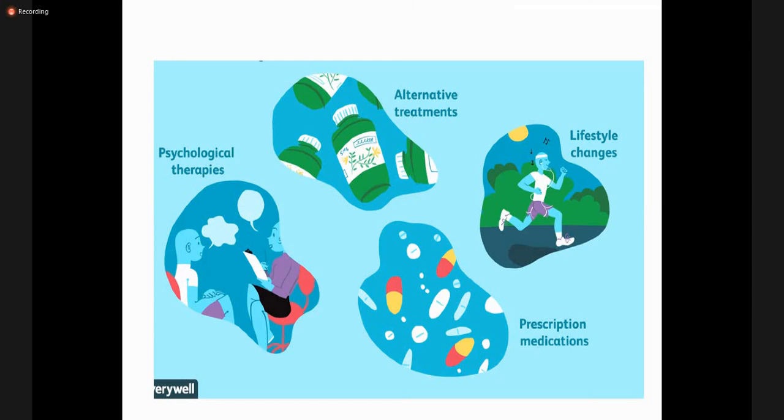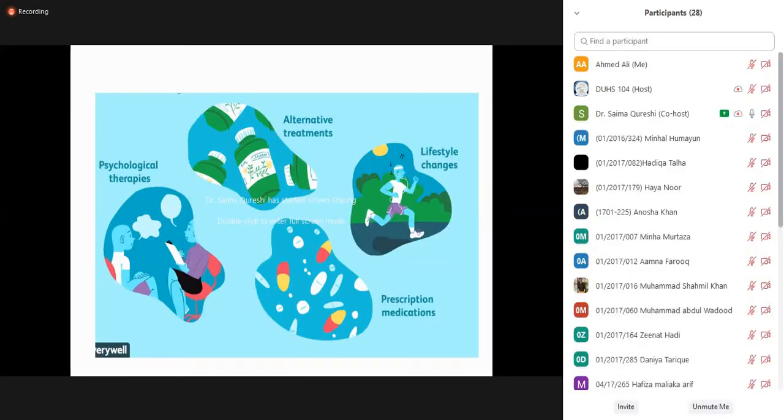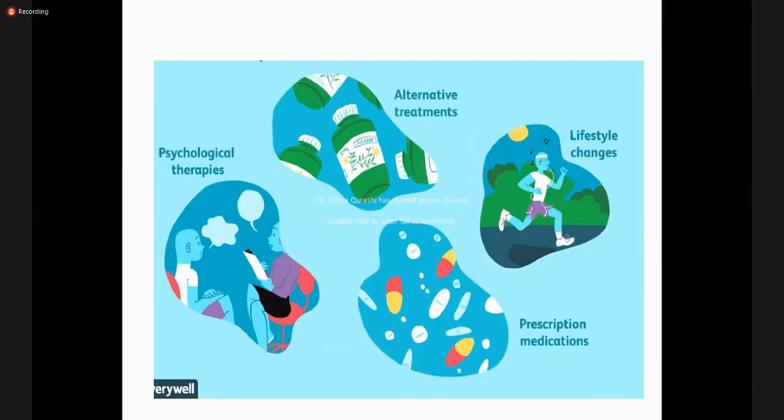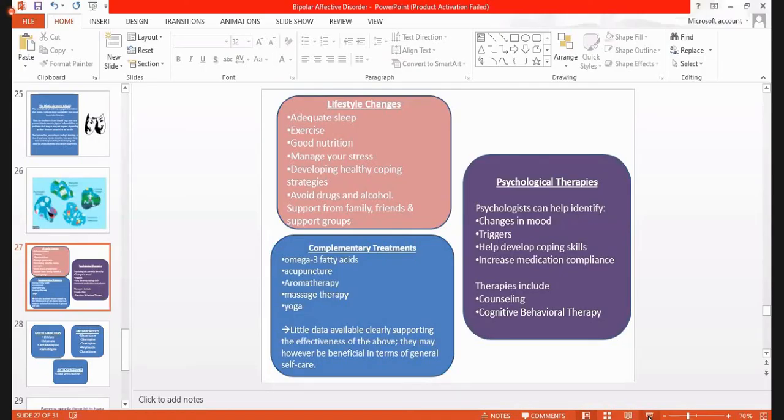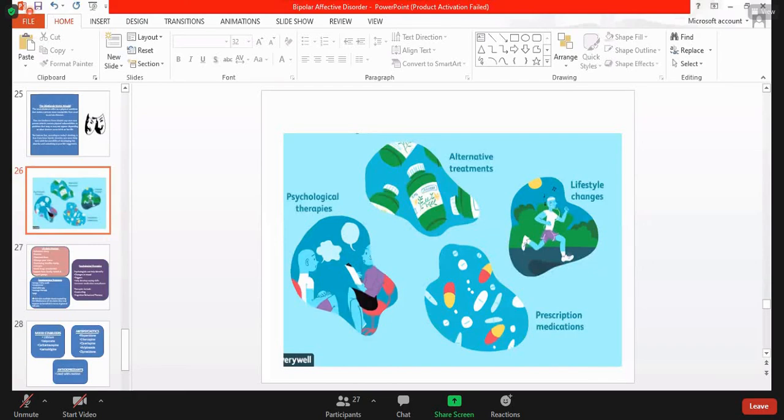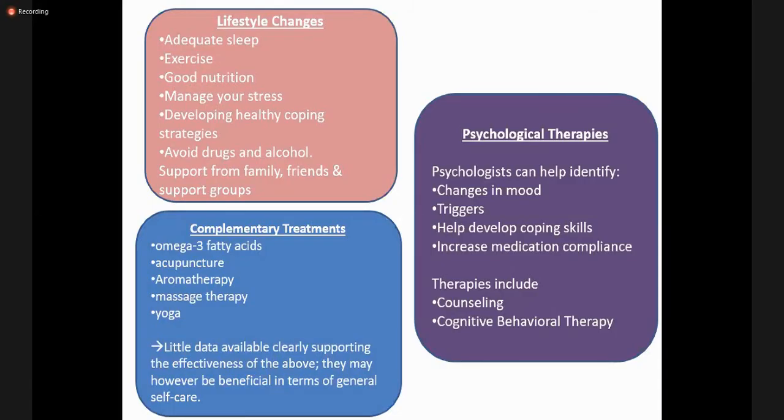So usually when a person has psychotic symptoms, biopsychosocial model, and then these we were talking about psychological therapies, right?